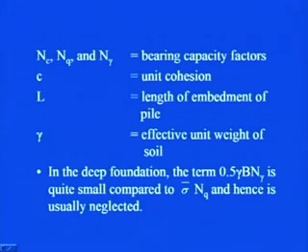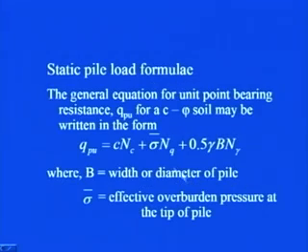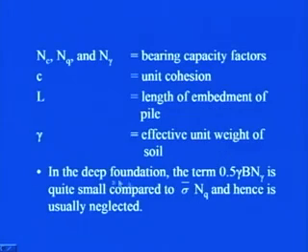In the deep foundation, the term 0.5 gamma B N gamma, you see there are 3 terms: cNc, sigma bar Nq, and 0.5 gamma B N gamma. In case of deep foundation, this last, third term is quite small as compared to sigma bar Nq, and hence it is usually neglected.